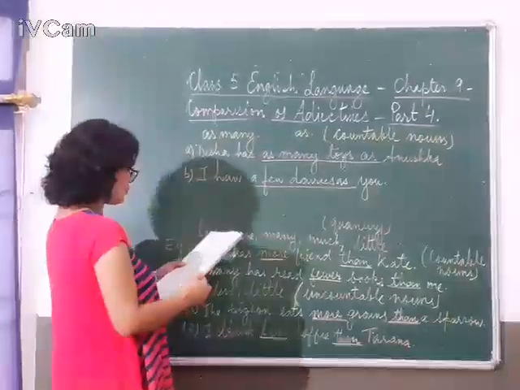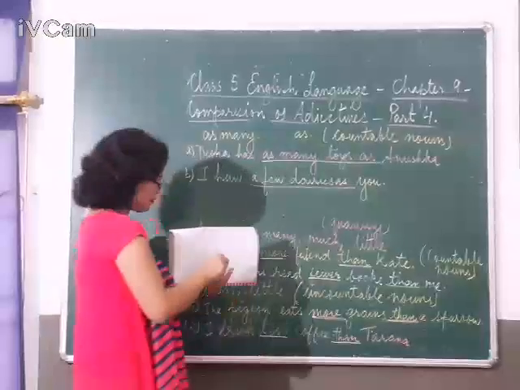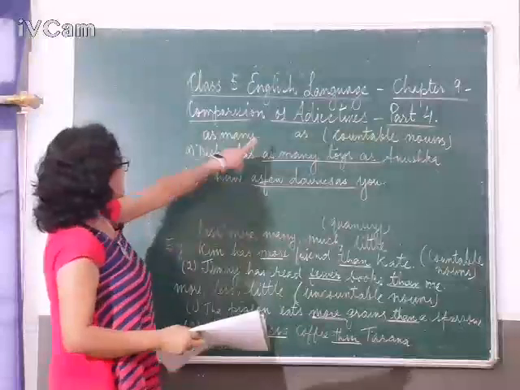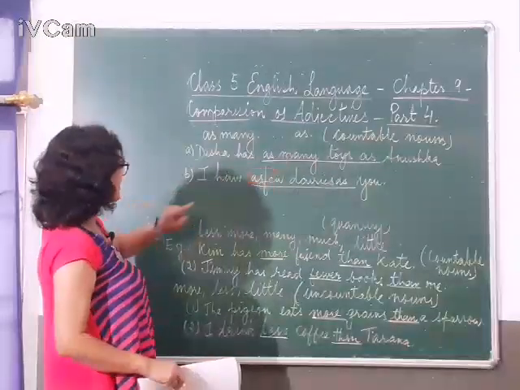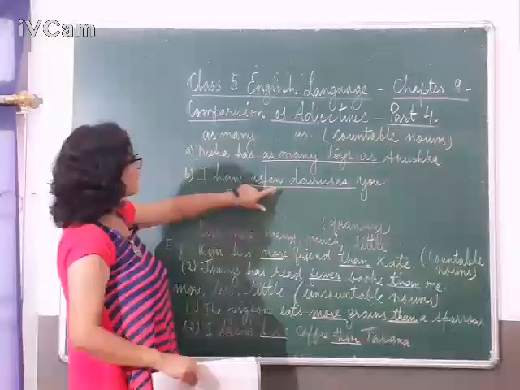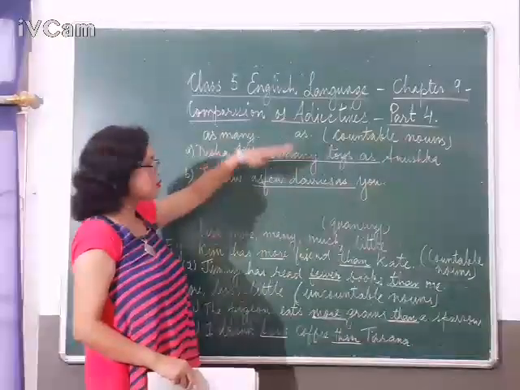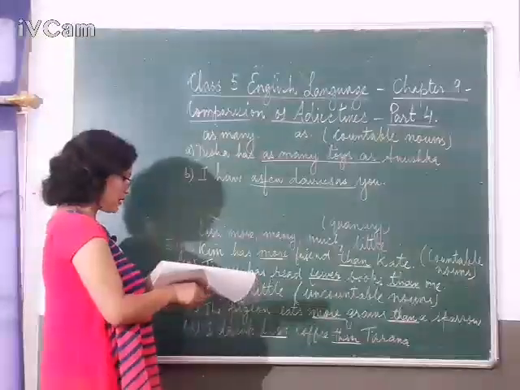Okay, children, now see, as many as is used with countable nouns. Disha has as many toys as Anushka. I have as few diaries as you, equal amount. Do you have more, also equal, less, also equal amount? This is in countable nouns.